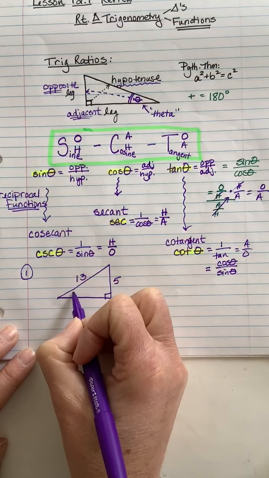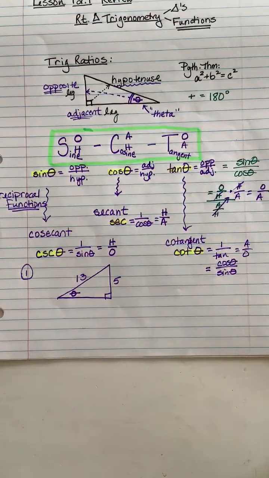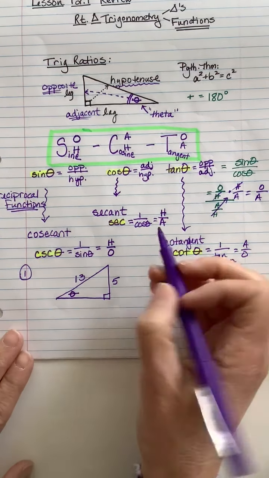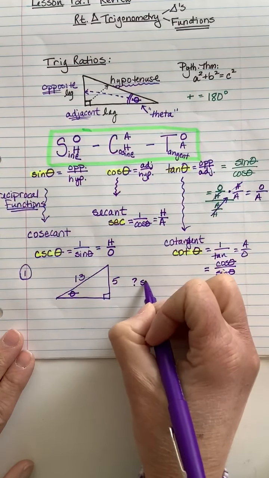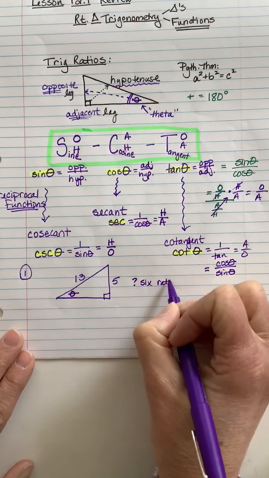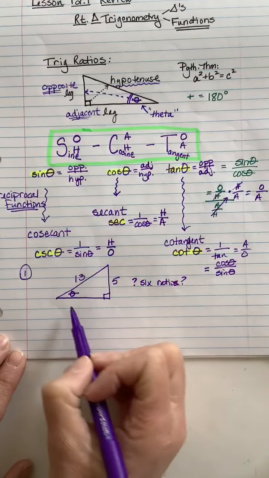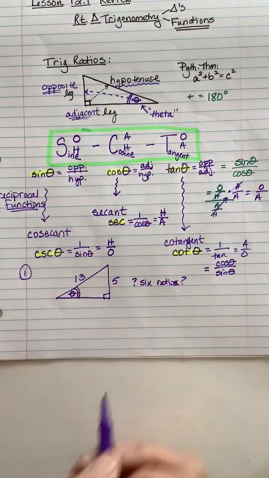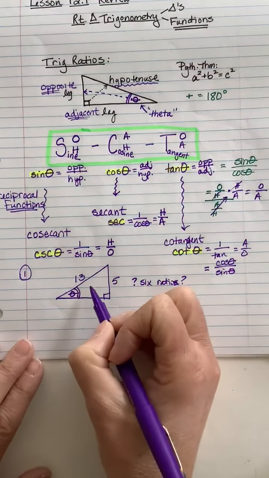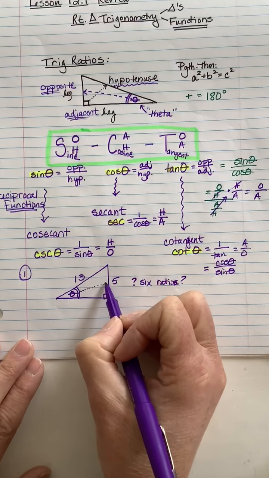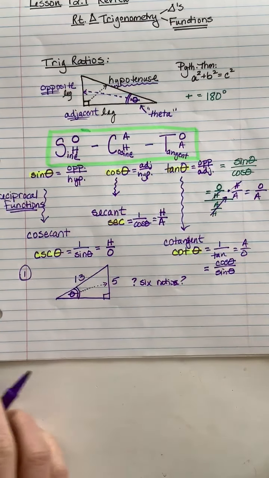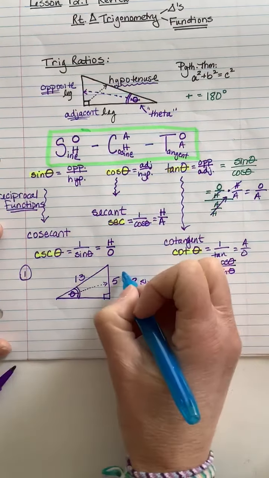And let's look at this angle, theta, down there in the corner. And let's say that I was going to ask you, so what are the 6 ratios for this particular triangle? Okay, so first of all, let's identify which pieces I have. All the way across on the opposite side of the triangle, this is going to be my opposite piece.